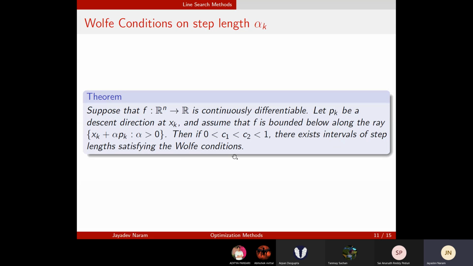So if you have any step length calculating algorithm, say a naive one like backtracking line search, and f is continuously differentiable, pk is a descent direction, and the boundedness condition holds, then there will definitely exist intervals where the Wolfe conditions are completely satisfied.